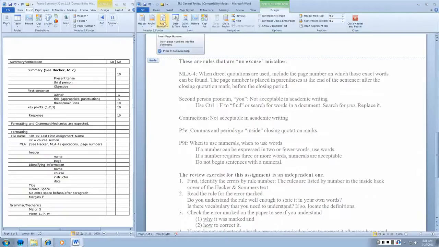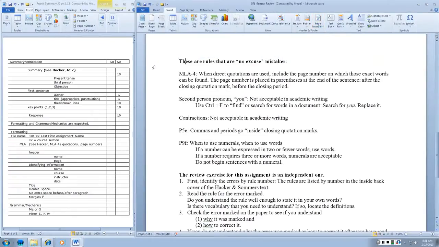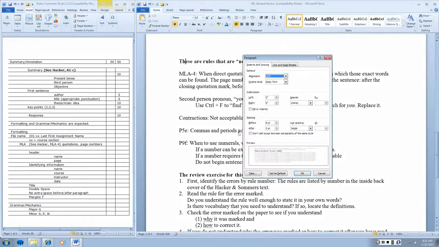And then you can use this function to insert a page number, or you can use this function, insert, and then it tells you you can insert a page number. That's how you put that information in the header. If you're at the home screen for paragraph, when you go to paragraphing, you need to make sure that the spacing here is set to 0 and your spacing should be set to double when it is in MLA formatting.